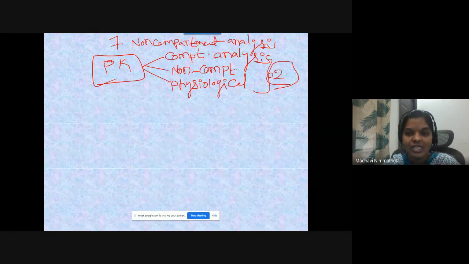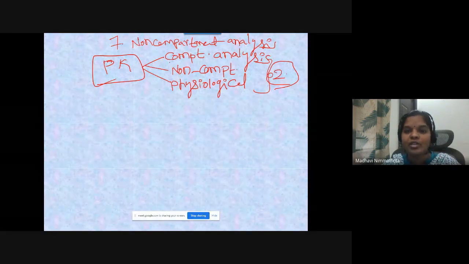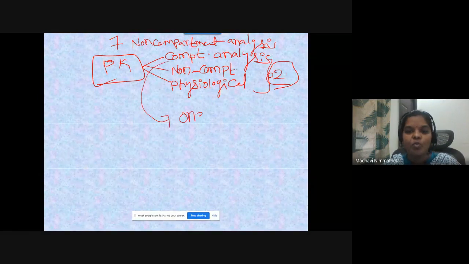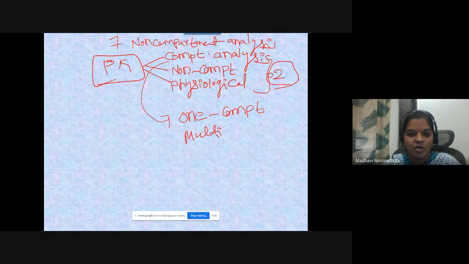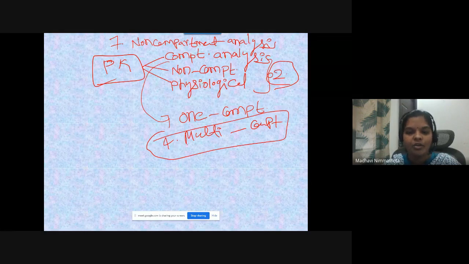First one is compartmental analysis. In this compartmental analysis, we already studied the one compartmental model. So you have multi-compartment models also under compartmental analysis. This is under the fourth unit, multi-compartment. Okay, I will tell you this later.